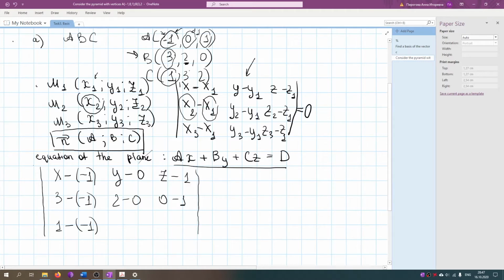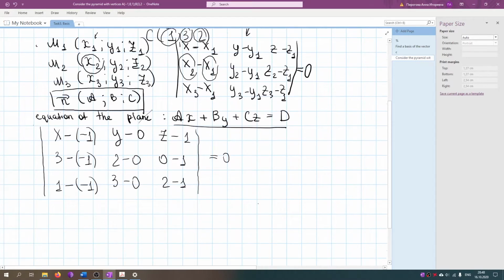It is 3 minus 0. z3 minus z1. It is 2 minus 1. And the determinant of this matrix is equal to 0. So we just need to simplify it now.